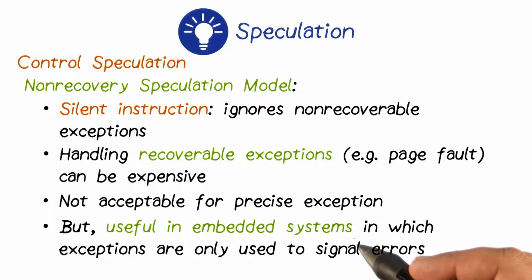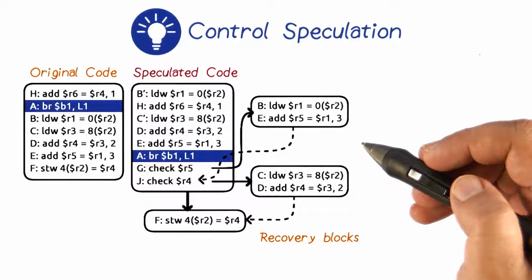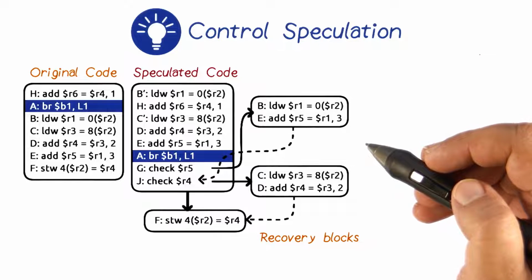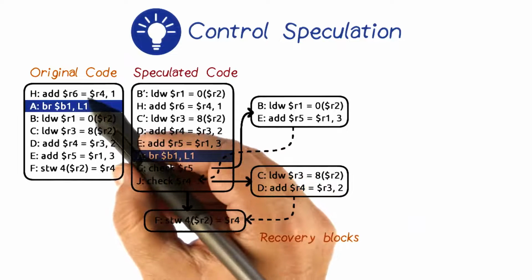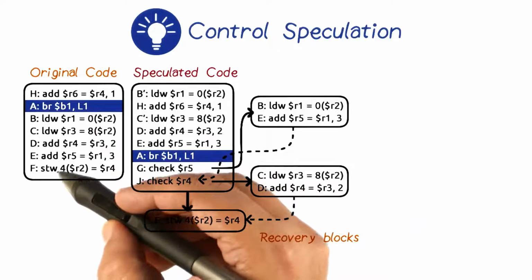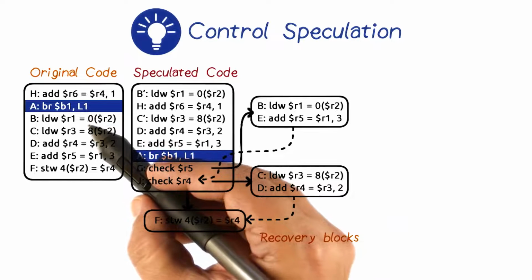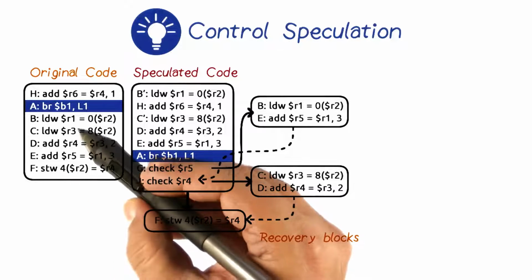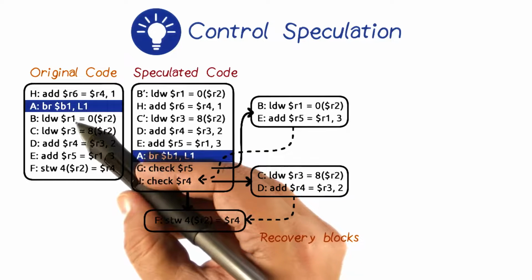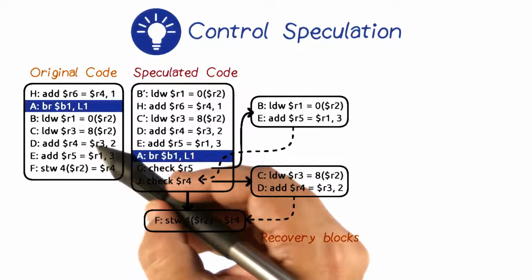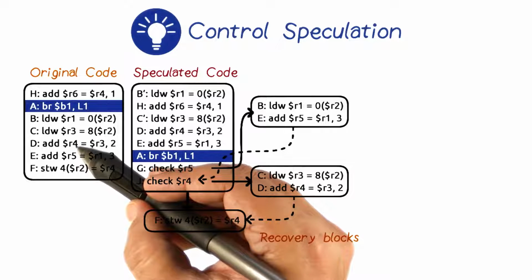Let us understand the issue of recovery-oriented exception processing as far as control speculation is concerned through a simple example. Here, what we have is the original code. As you can see, there is a branch, and following that branch there is a whole bunch of operations which are loads on R1 and R3, and using the results of R1 and R3 some new registers are being computed through add operations.